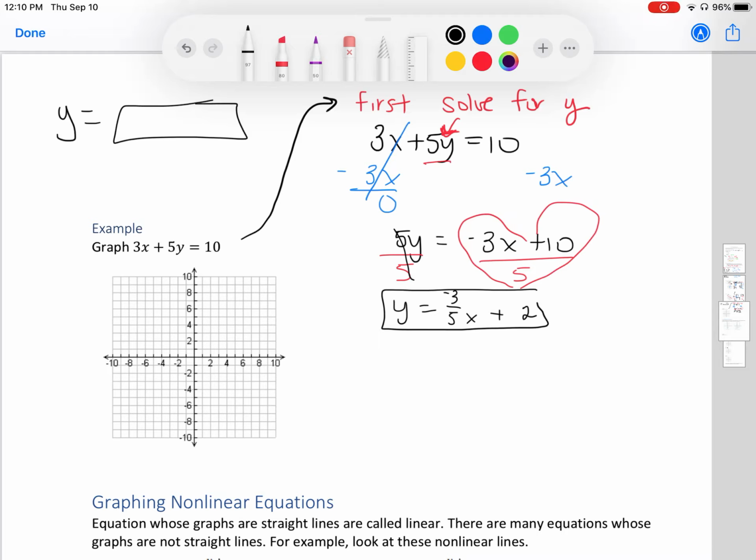So let's just pick 2 points. We see that we are dividing by 5, so let's pick numbers that can be divided by 5, and 0. 0 is always a nice number to choose. So let's choose 0 and 5.